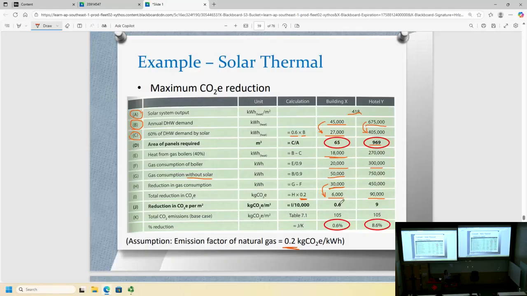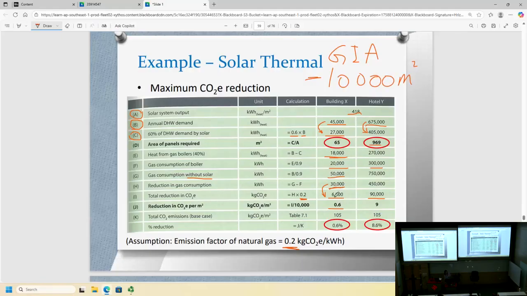And if we calculate the per square meter reduction, the area is 10,000 square meter. This is the gross internal area of both buildings, equal to 10,000 square meter.